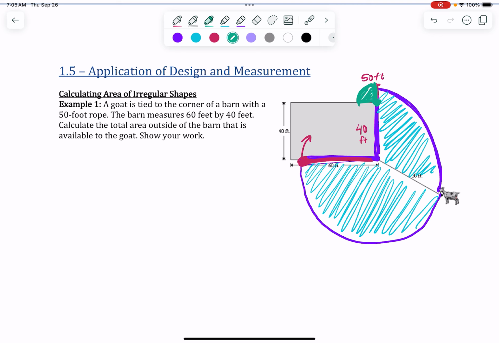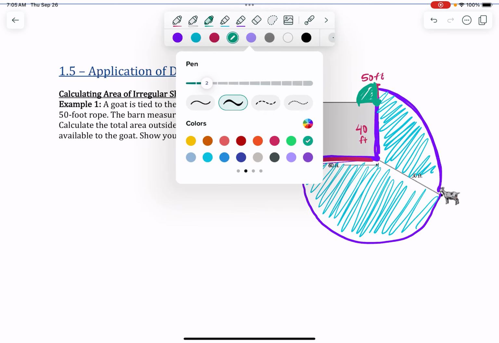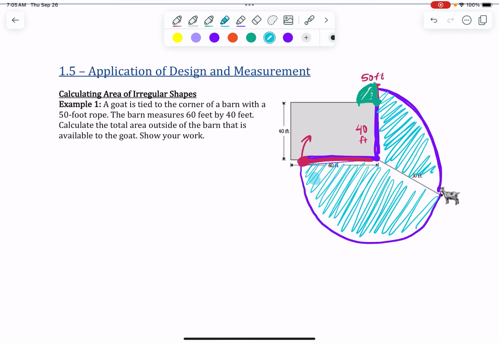As we talk about this example, before we do any calculations, we notice we have two separate calculations we might have to do. We have this first one, right, that is this shape here. I have not quite a full circle, but I have 3/4 of that circle.